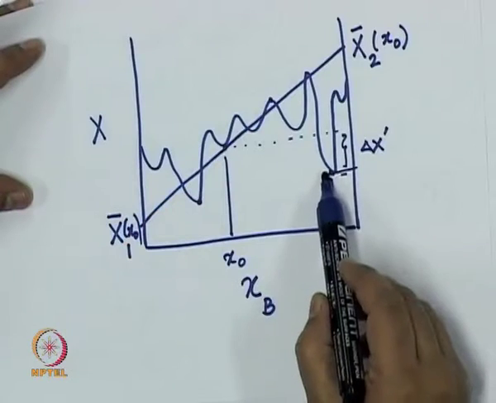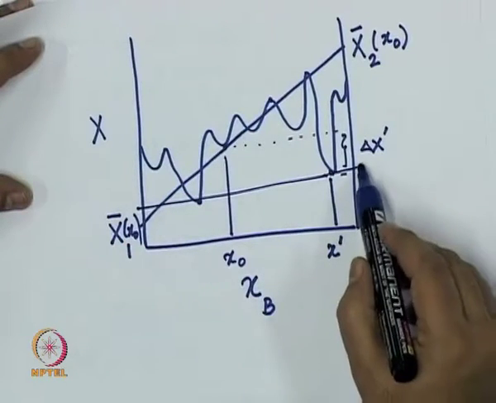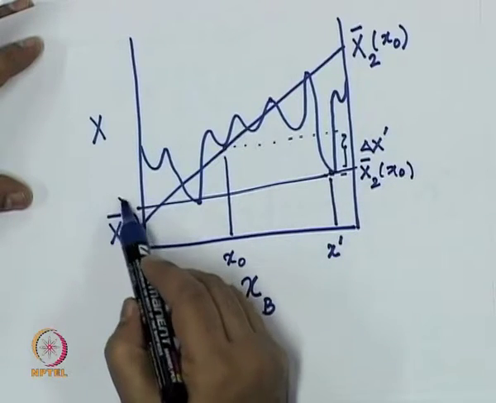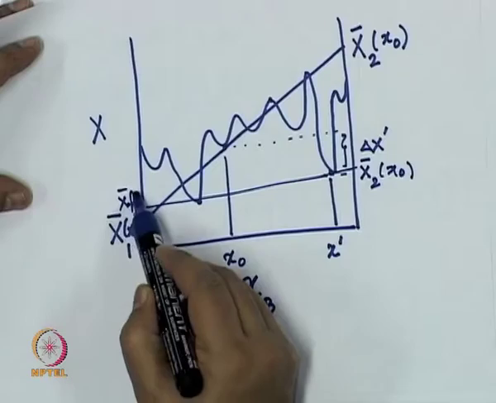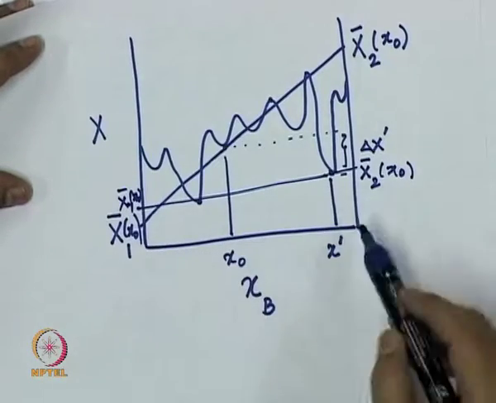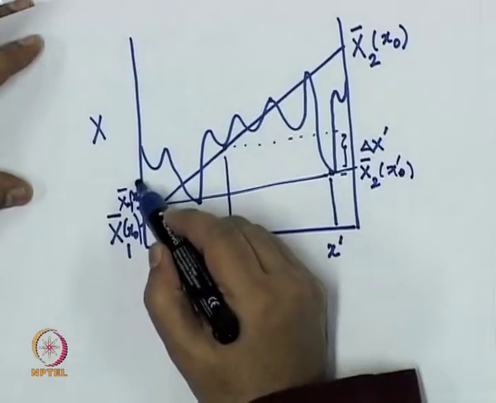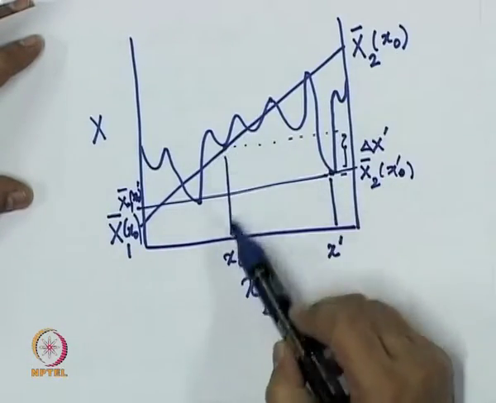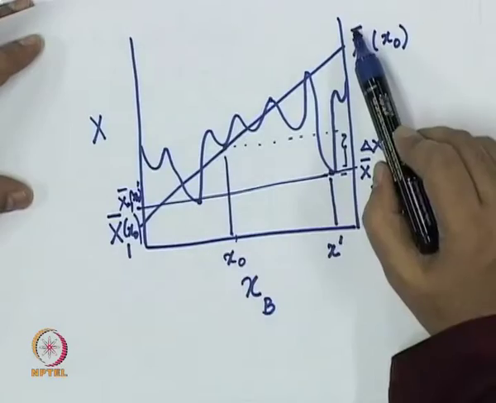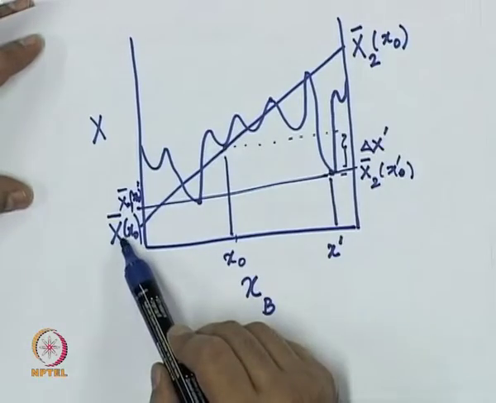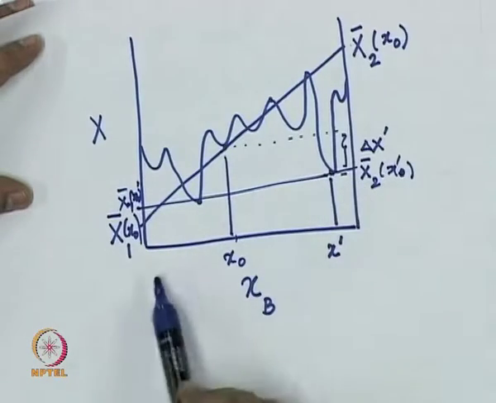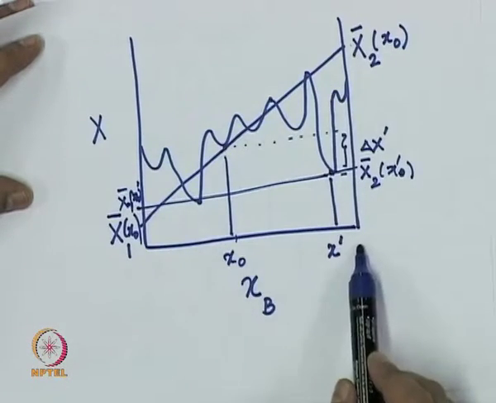So, if I draw a tangent here, so this will be x2 bar of x naught and this will be x1 bar of x naught, right. Sorry, so this will be x prime. I already have x1 bar of x naught and x2 bar of x naught here. So, if I take for x naught the tangent, where it cuts is x2 bar, where it cuts is x1 bar. So, if I take this difference and divide by this, because this goes from 0 to 1.